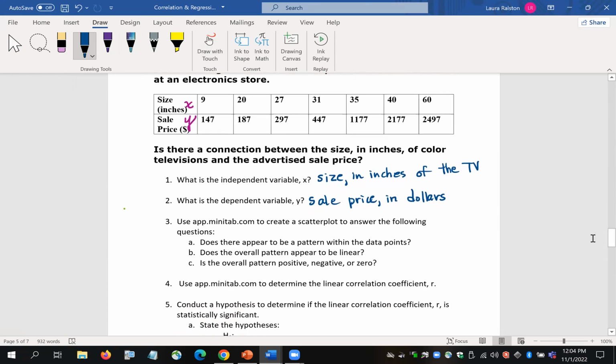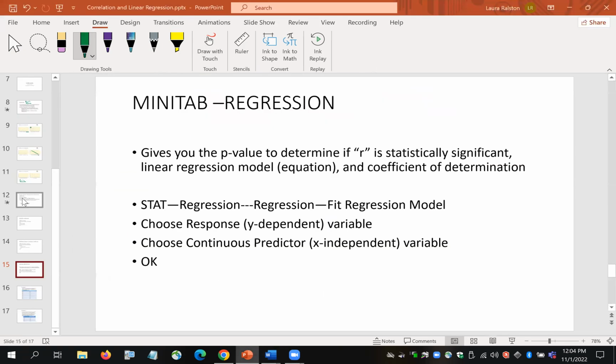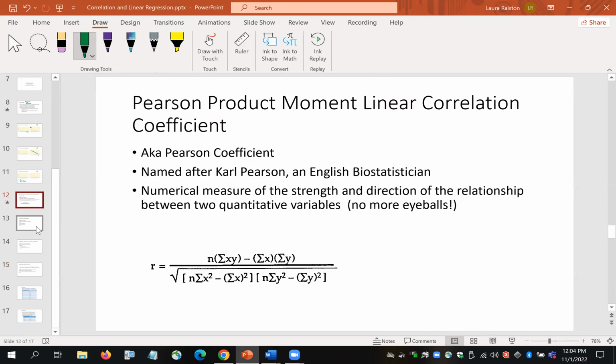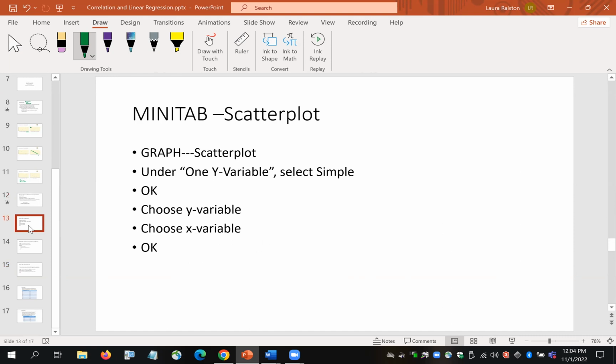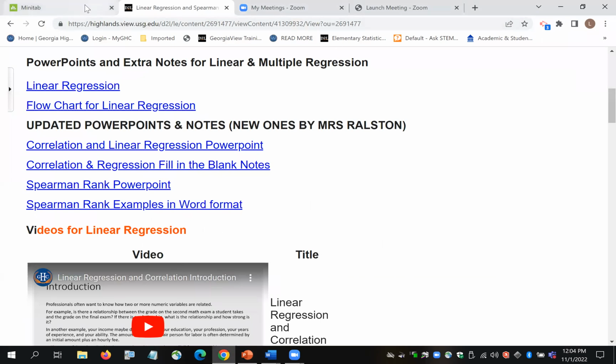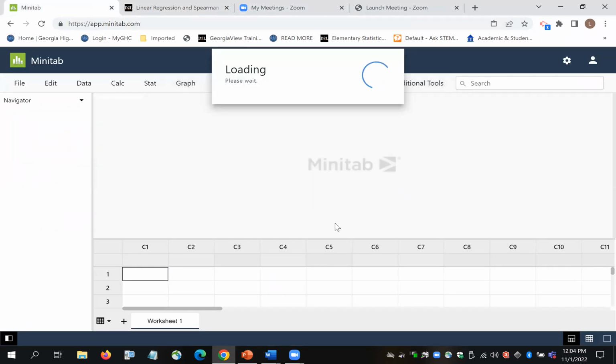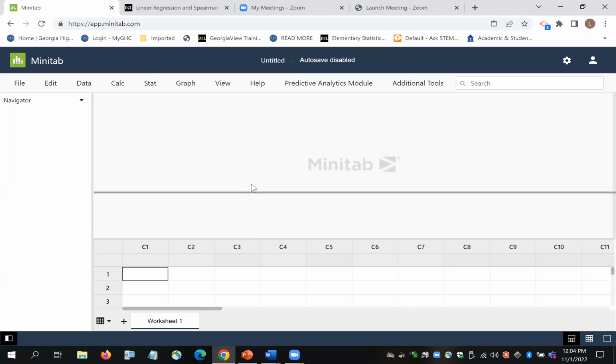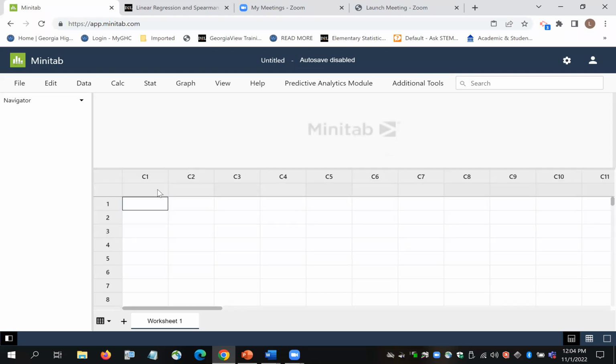Then we need to create a scatter plot. Now, the instructions for creating a scatter plot are on slide 13 of the PowerPoint. Okay, slide 13 of the PowerPoint. But the first thing I'm going to have to do, as we do with anything, is enter the data. And we do have two distinct variables.